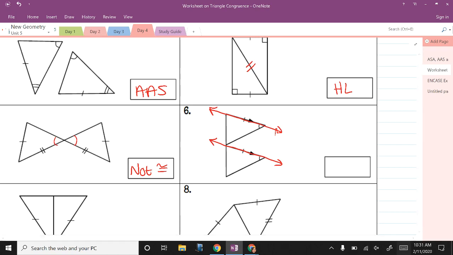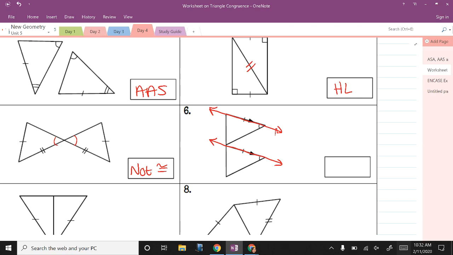So two lines cut by a transversal. We have all kinds of linear pair relationships and angle relationships that we learned in the last unit, correct? If those are parallel, then we have alternate interior angles congruent, corresponding angles congruent, alternate exterior angles congruent, and consecutive interior are what? Supplementary. Very good.